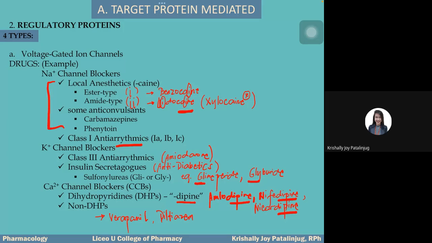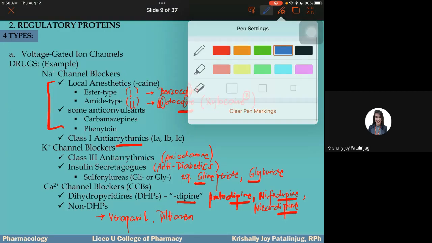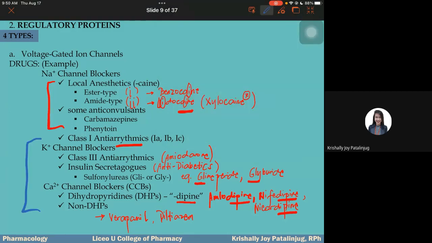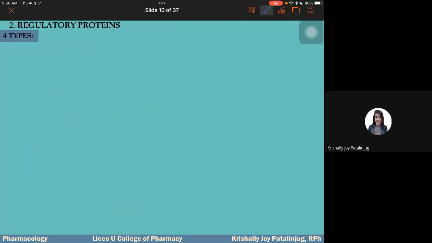I have provided you handouts about anticonvulsant agents and anesthetic agents, so you can just scan over your notes if you want to read more about this. But the rest of the classes of drugs below will be discussed later on. It's part of pharmacology 2. So that's all about voltage-gated ion channel and the drugs that target them.